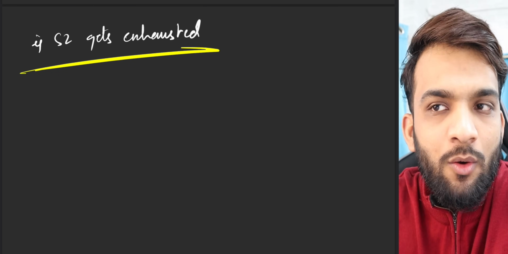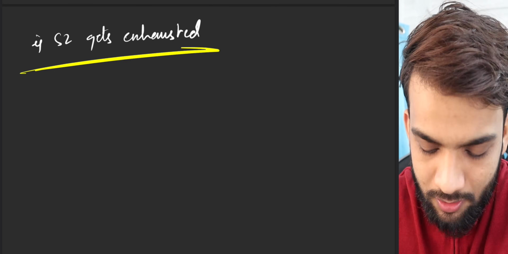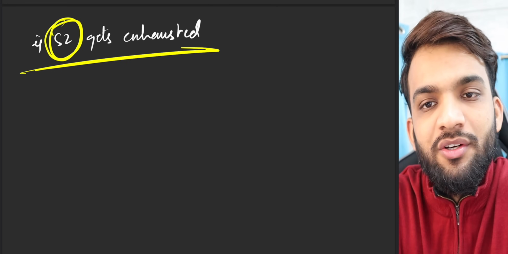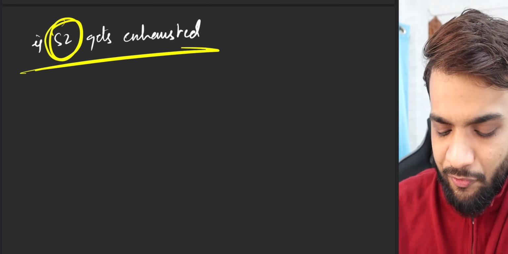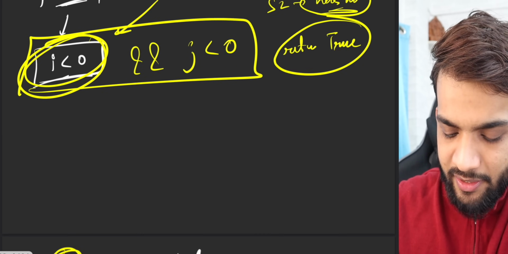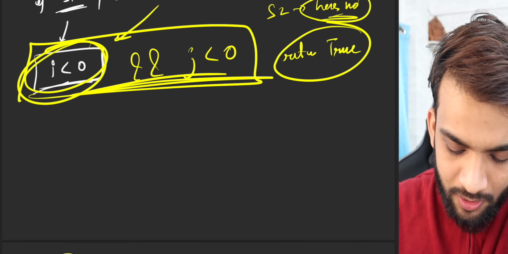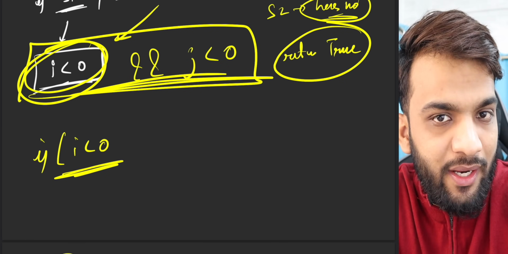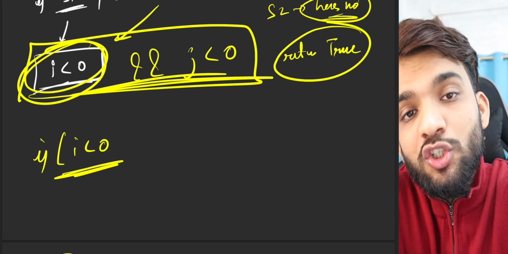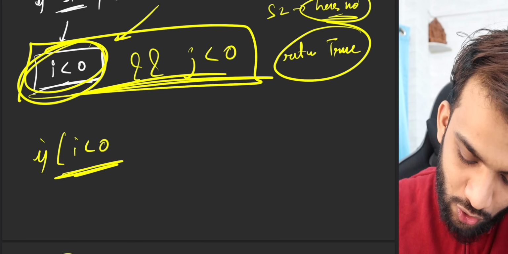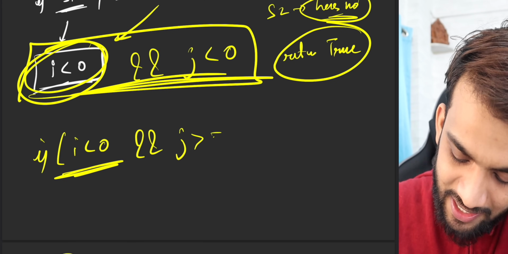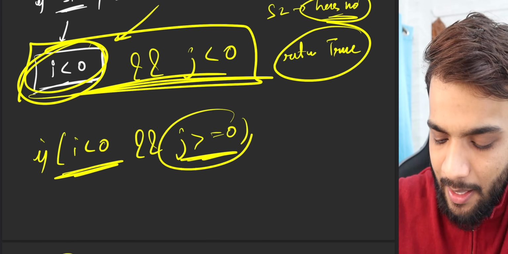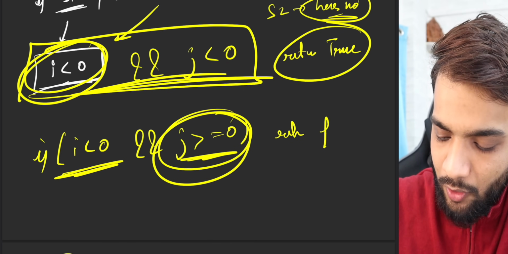Perfect. What about if this gets exhausted? When you're comparing, what if your s2 gets exhausted? You need to think about that. Before going to string 2 getting exhausted, if just the string got exhausted and the other string did not, which means j is still greater than or equal to 0, there are some comparisons still left, so return false.